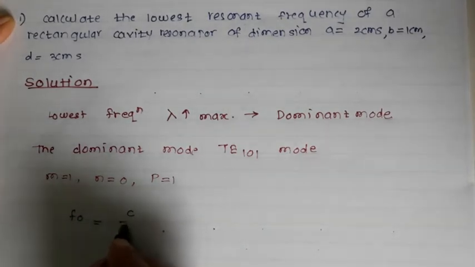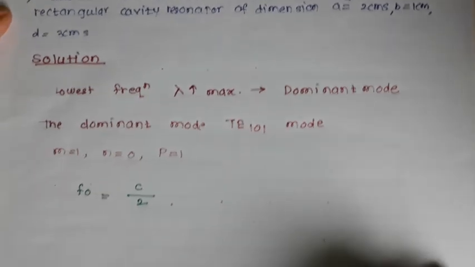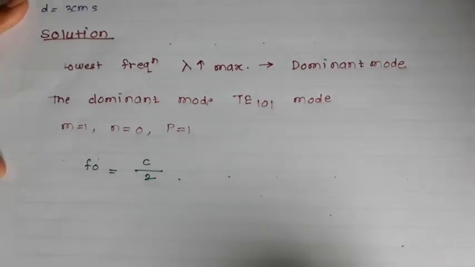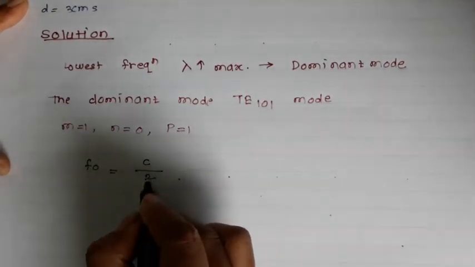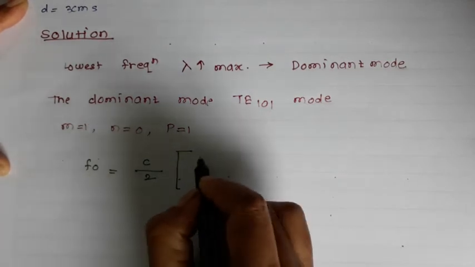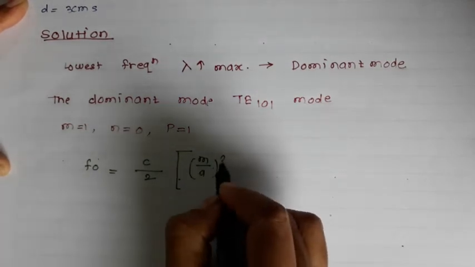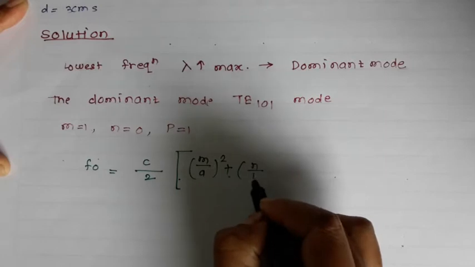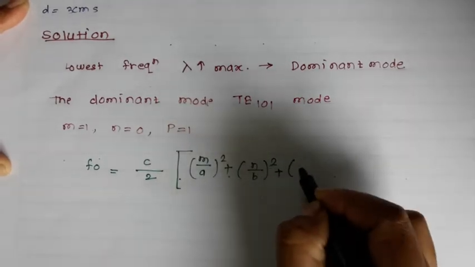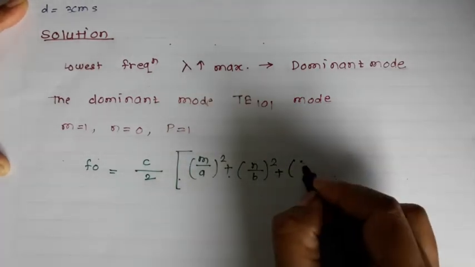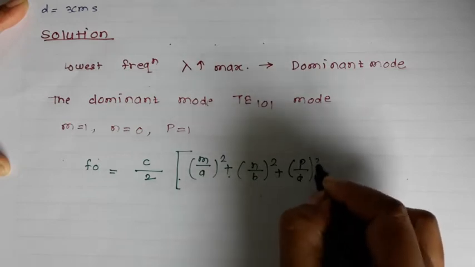The formula for the resonant frequency of the rectangular cavity resonator is F0 equal to C by 2 times the square root of (M by A) square plus (N by B) square plus (P by D) square.